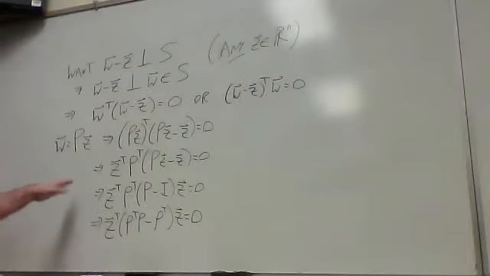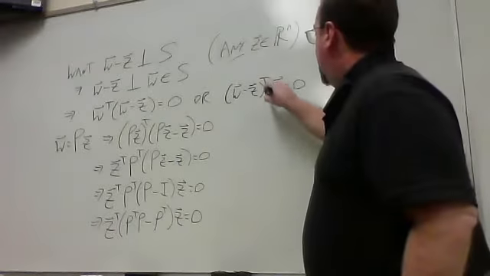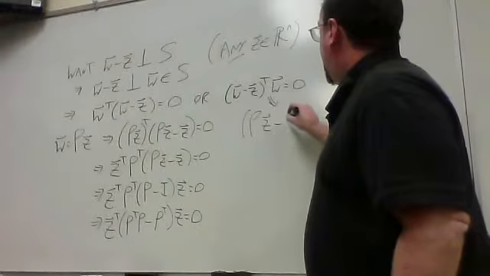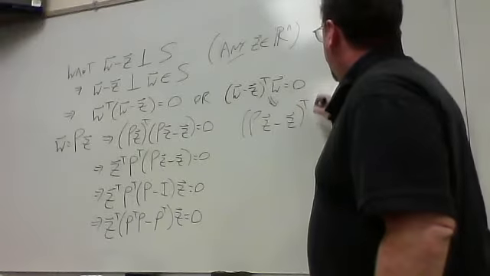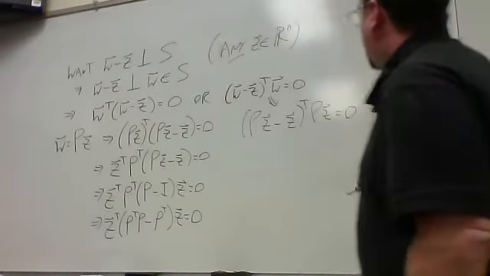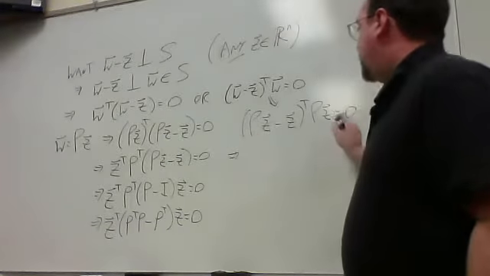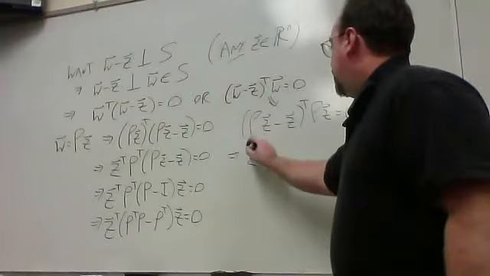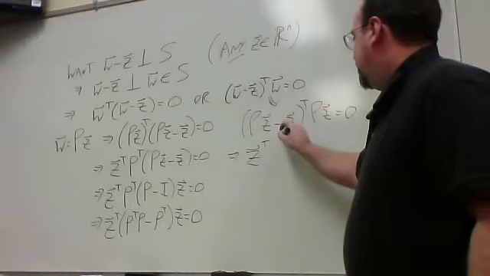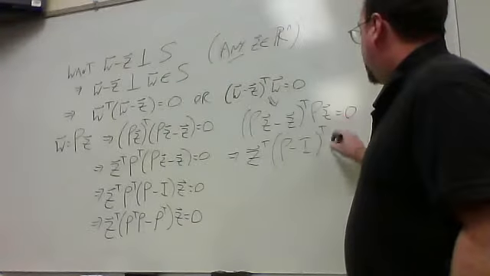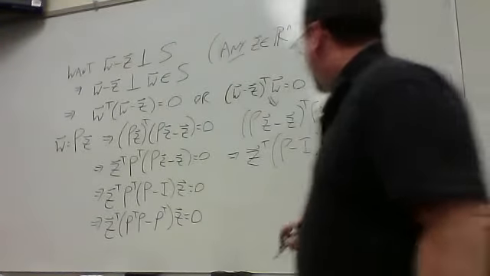Now, suppose I do the same kind of manipulations for the dot product expressed going the other way. So I have (PZ minus Z) transpose PZ is 0. First I can factor out a Z transpose to the left. And then I have (P minus identity) transpose PZ is 0.